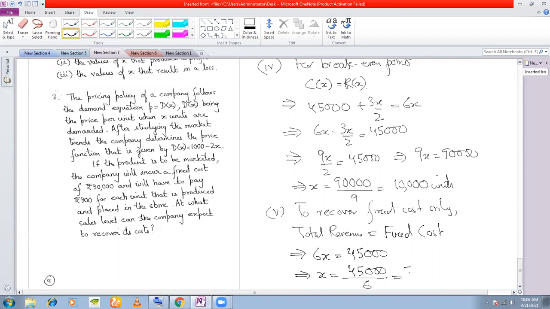So this is 7,500 units. So when 7,500 units are produced, you can recover your entire fixed cost. Okay.